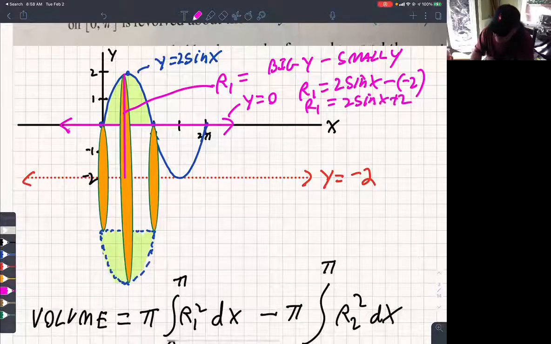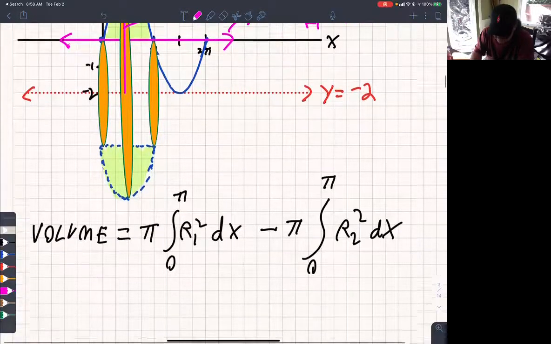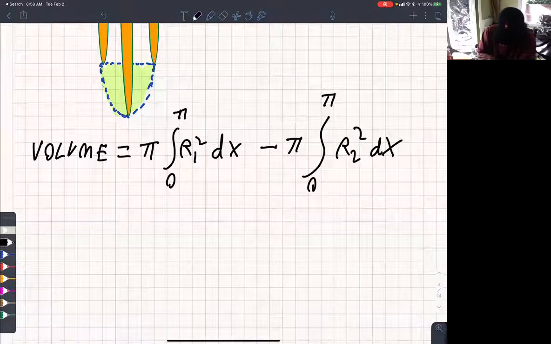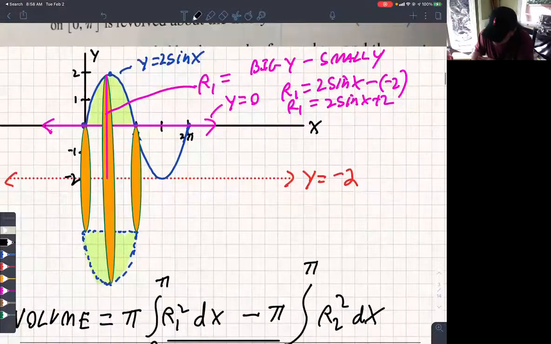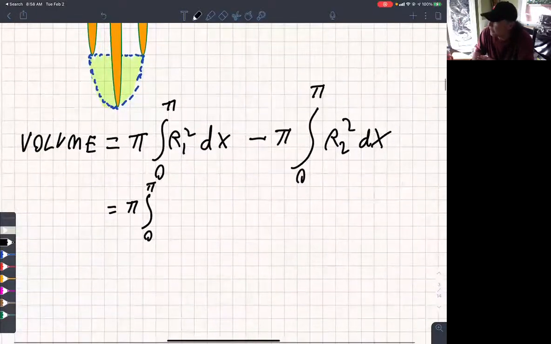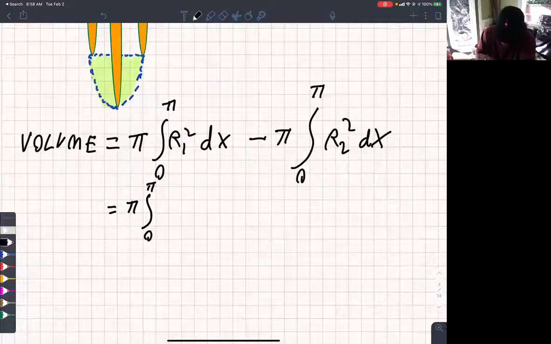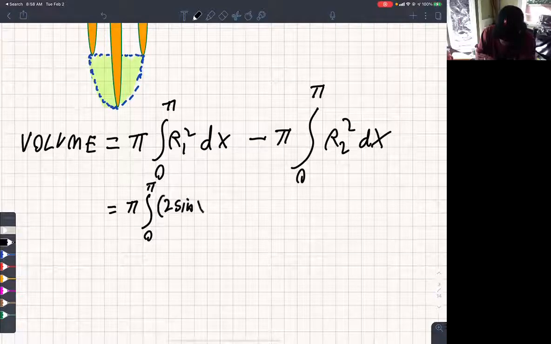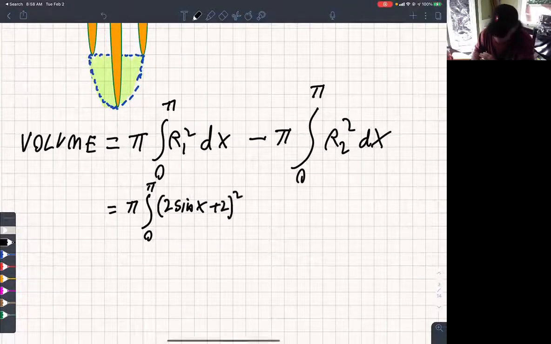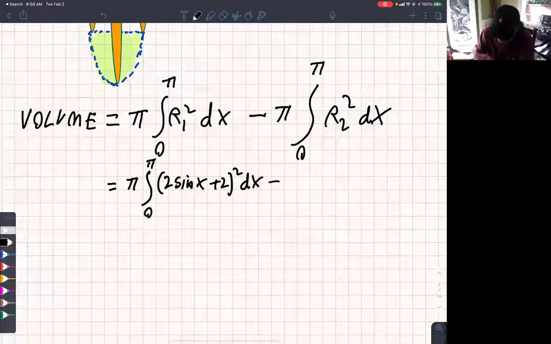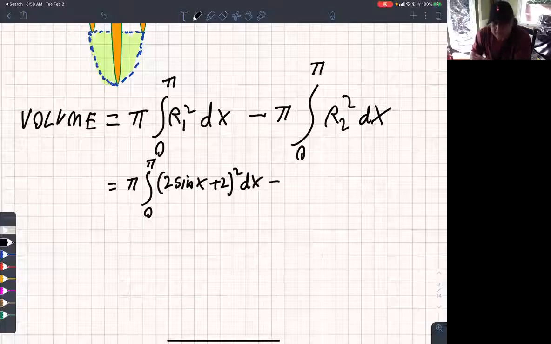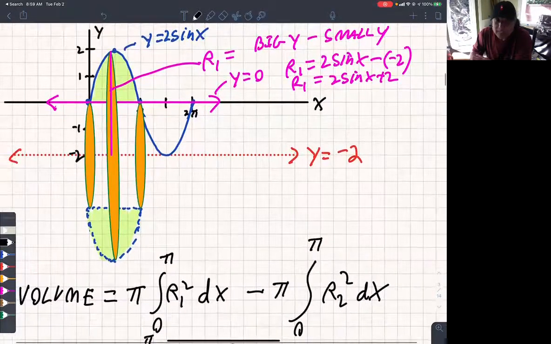And so I will place that for my first volume. OMG, I just realized something. I think you guys aren't going to be happy campers. 2 sine x plus 2. Unless I told you, I said no calc. I'm a jerk. Sorry. 2 sine x plus 2 squared dx minus. Okay, now we have to subtract the hollow center part.